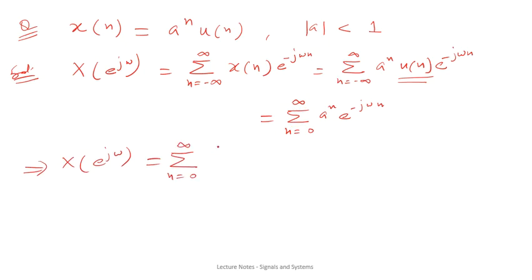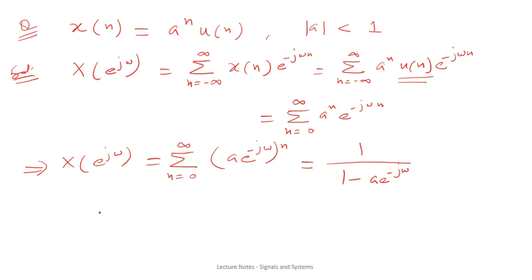the sum of (a e^(-j omega))^n, or it can be written as 1 over 1 minus a e raised to the power minus j omega.